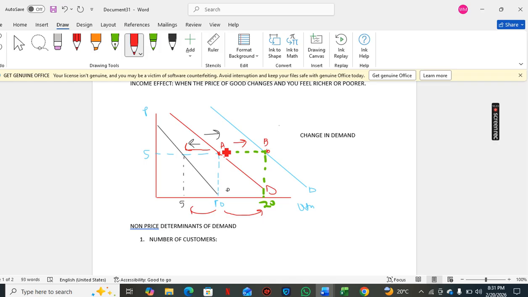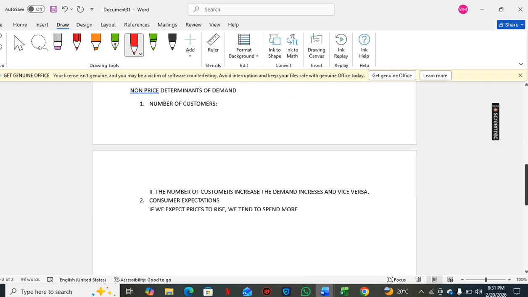So demand might drop, because people are waiting for the cheaper price. When the petrol becomes cheap, that's when people start buying it. So when we expect prices to rise, we spend. When we expect prices to fall, we save and then wait for them to fall.